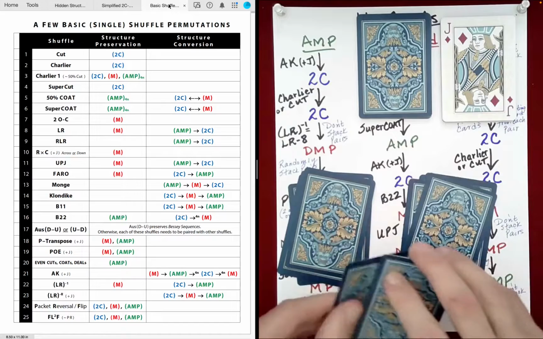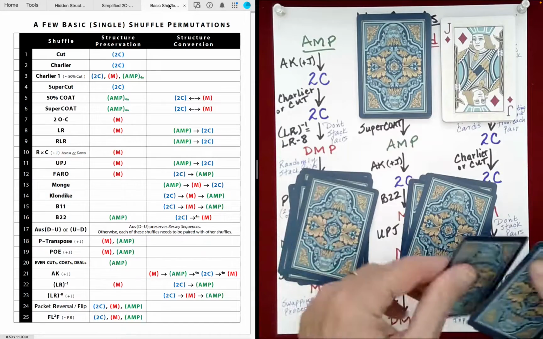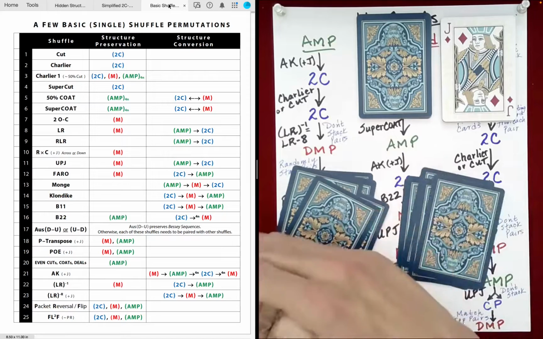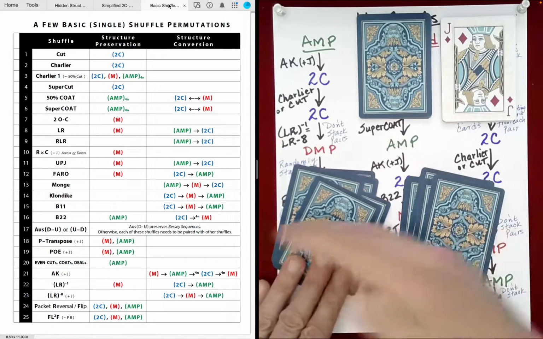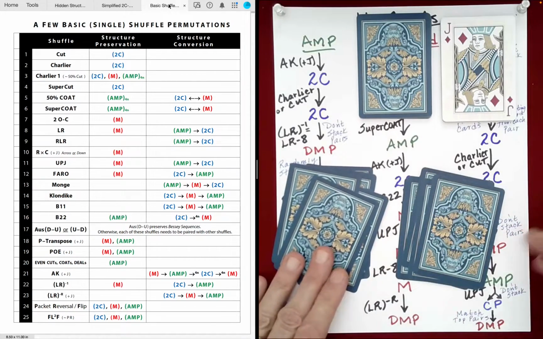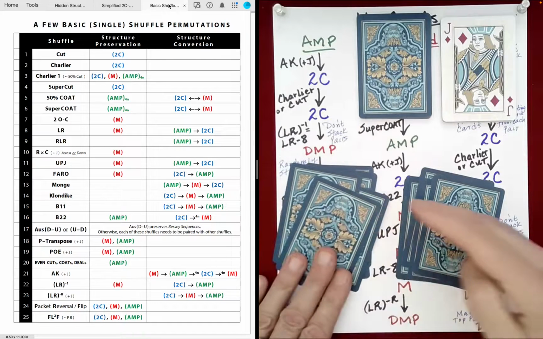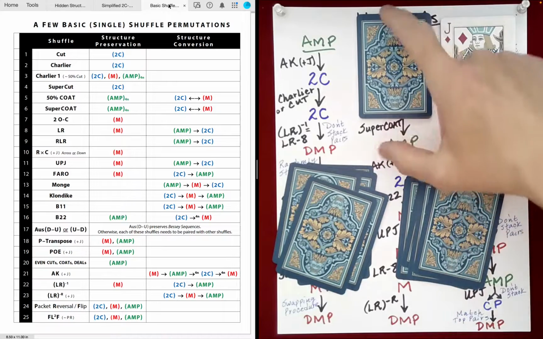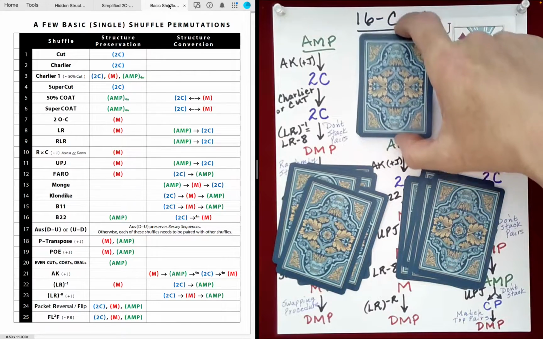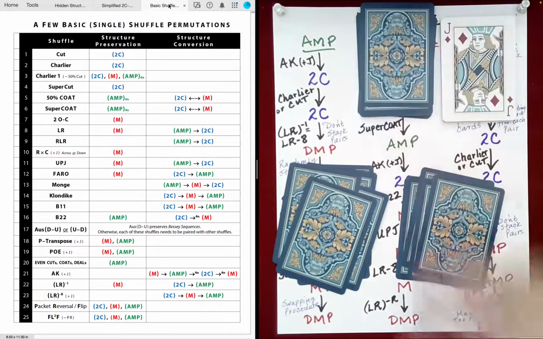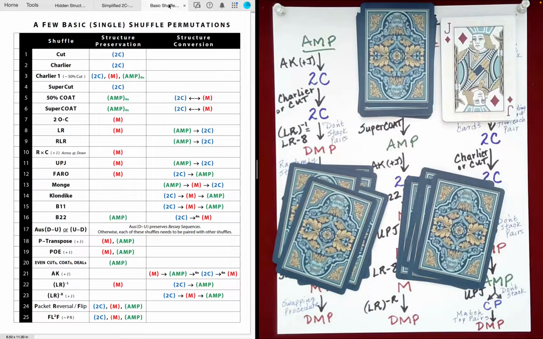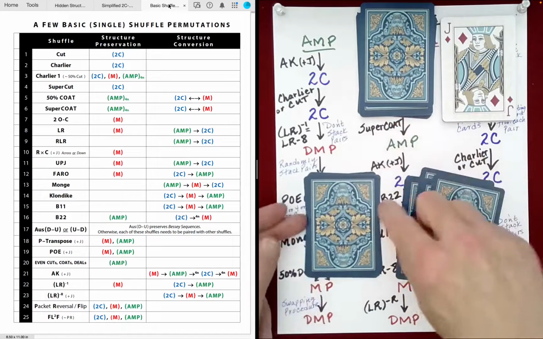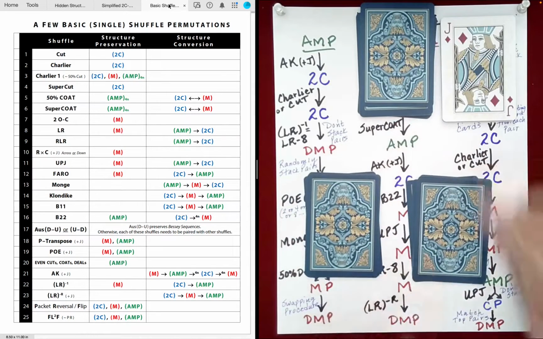Now I do want to point out that you could actually do what we're doing here, but do it into 4 piles or 8 piles. You can deal out these pairs into as many piles as the divisors of the packet size. Of course, the packet size is 16, and the divisors are 2, 4, and 8. Well, I just did the standard alternate Klondike, left, right, which is fine.